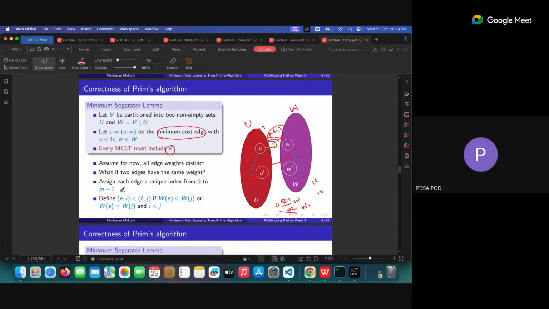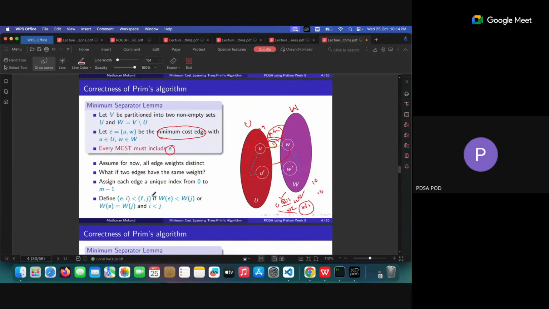Then a unique index value from 0 to m-1 is added. On a first come first serve basis, the one having the smaller index is selected. W and W1, W is selected because it could be W0. 0 will come first compared to 1, so we select this edge only, even though the next edge has the same weight. Clear? So that's what we define.